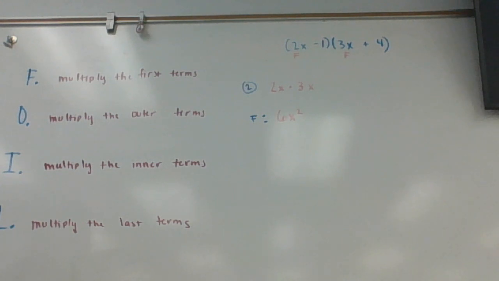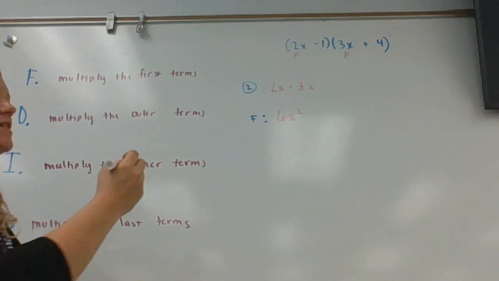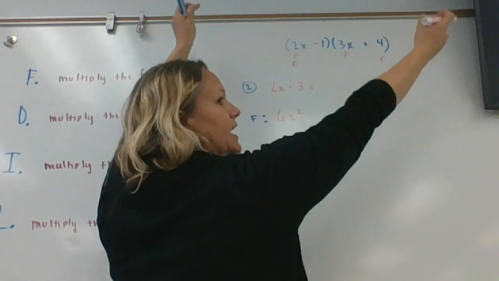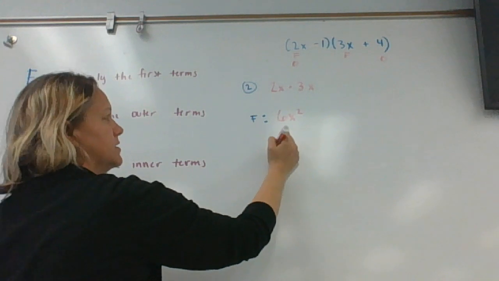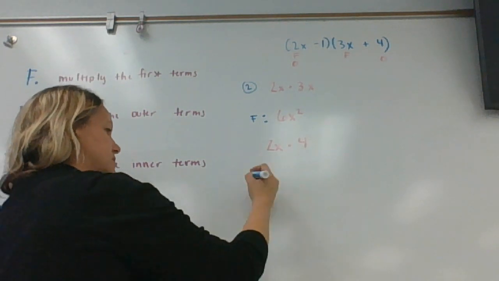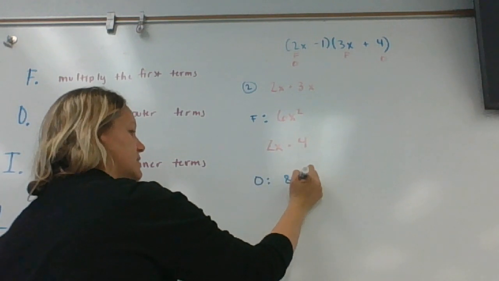What's considered the outside terms here? This is outside, and this is outside. It's like the outside of the problem. So 2x times 4. So the outside is 8x.